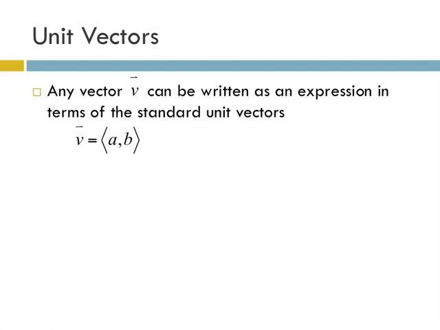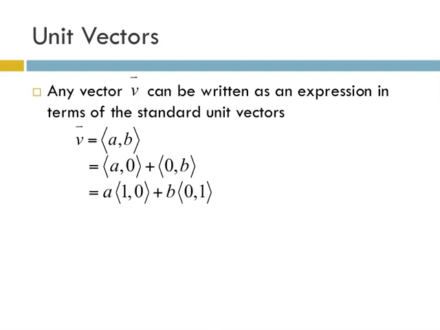We can split it up so that we can write it as a, 0 plus 0, b, right? If we were to add those together, we'd get a, b. And then here we can take out an a, we can take out a b, so we end up with a outside of the vector components, and then 1, 0, plus b, take that out from the vector components, times 0, 1.